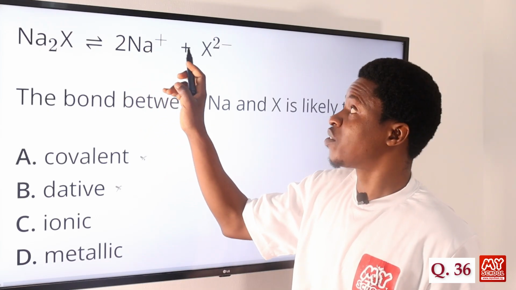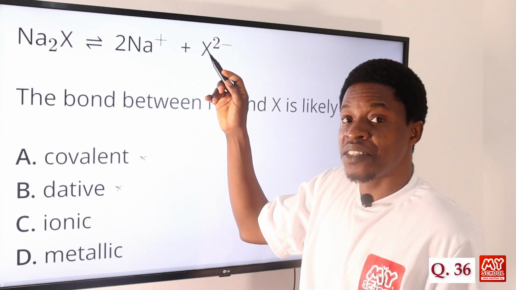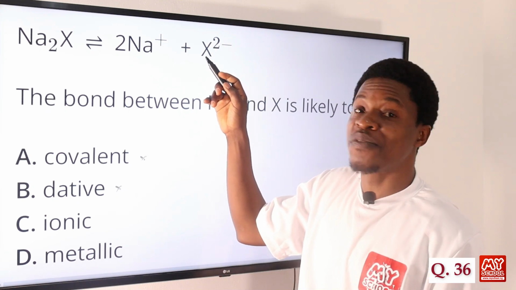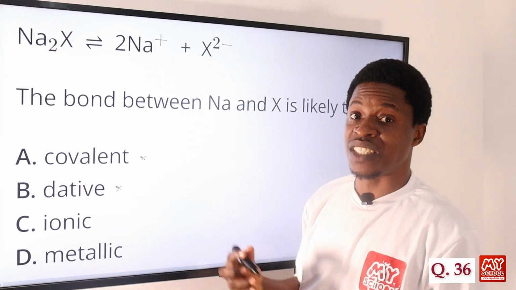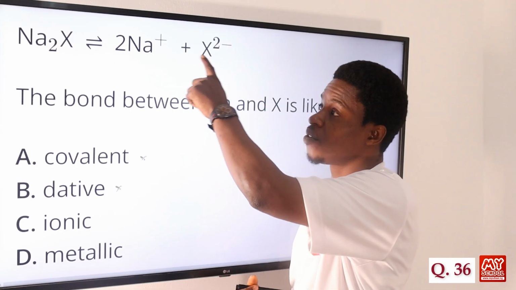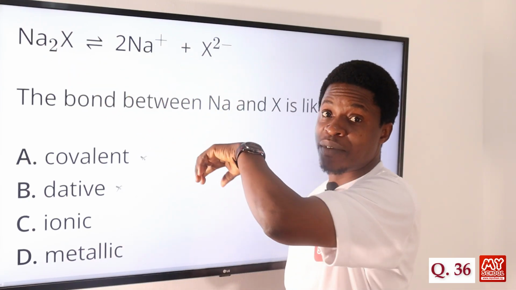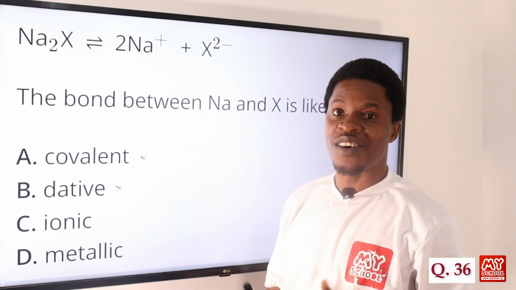Sodium is donating 2 electrons to it. That's why we have 2 minus. It could be oxygen, it could be sulfur, any other element in group 6, because we have 2 electrons at this point. So this is a non-metal. Metal and non-metal, with transfer of electrons to a non-metal, is what we call ionic or electrovalent bonding.